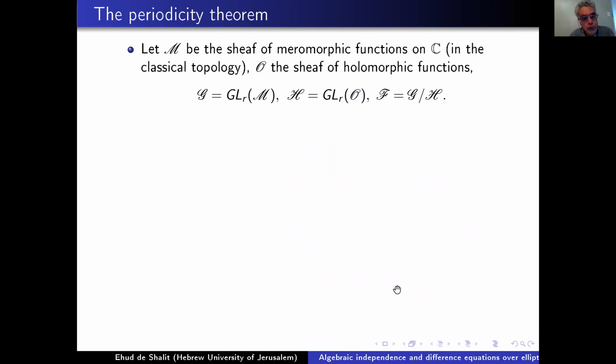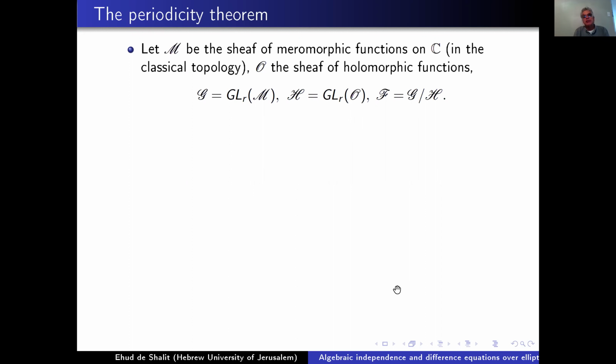So now comes the first main theorem, and this is what I call the periodicity theorem. And to phrase it, I have to use the language of sheaves, but only in the classical topology on C. It's nothing sophisticated. So let us denote by O the sheaf of complex holomorphic functions on the complex numbers, and by M the sheaf of meromorphic functions, and by G the sheaf GL_r(M), so it's the sheaf of germs of matrices with entries meromorphic functions.